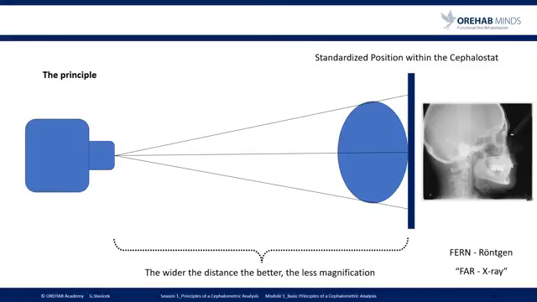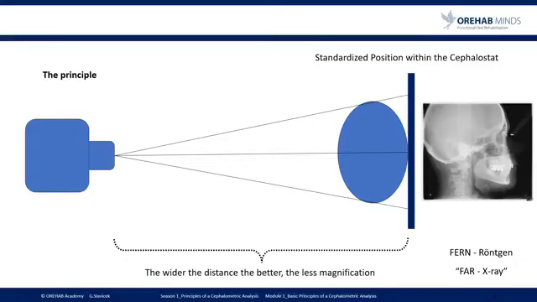The wider the distance, the better: the less magnification, the less distortion. In the beginning, there were up to 4 or 5 meters distance from the tube to the film. Now the systems are shrunk, but still we have this factor to be considered. In German, the term Fernröntgen is used, meaning far X-ray, the wide distance between the tubus and the film.